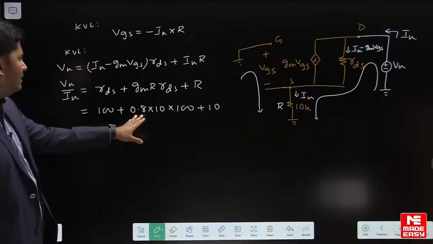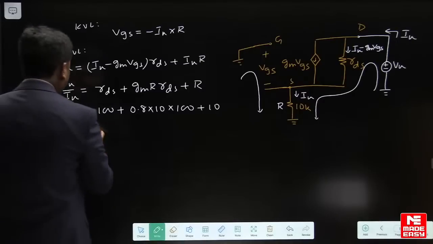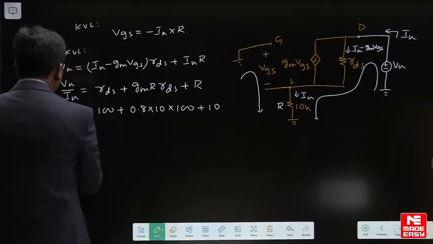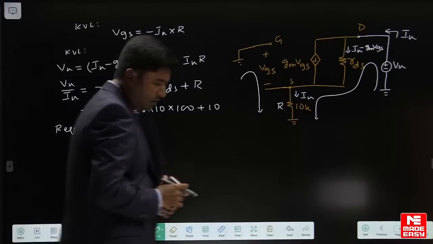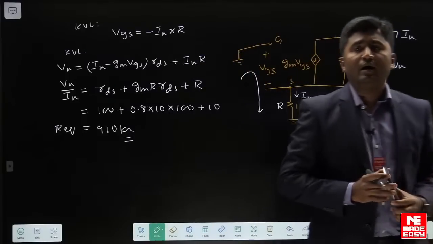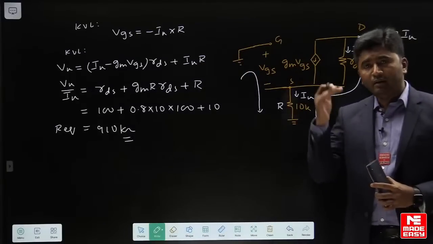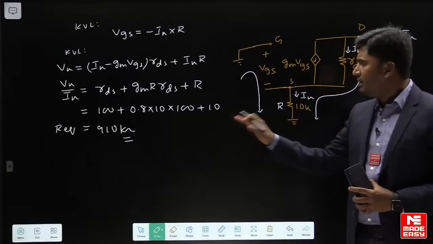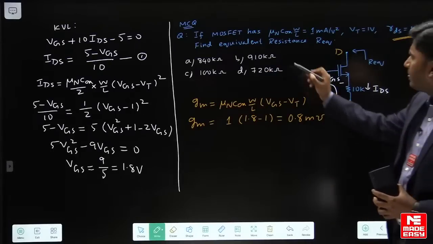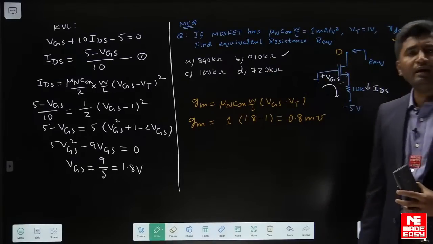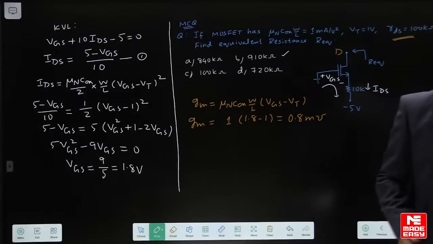This becomes 800, 900, 910. R equivalent equal to 910 kilo ohms. So in this question the R equivalent between drain and ground is 910 kilo ohms, and therefore the correct answer will be option B. 910 kilo ohm is the correct answer.